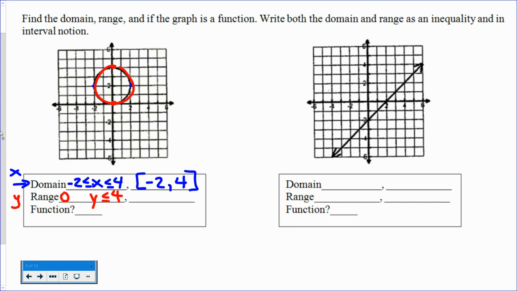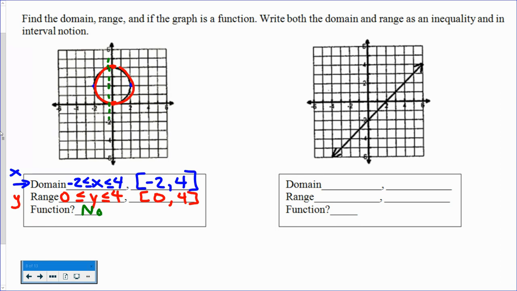This time I put a y, everything is equal to, it's all solid, and so as interval notation, that would be 0, 4. Is this graph a function? No, it is not a function. It would not pass my vertical line test. It would go through more than one x value with that line.